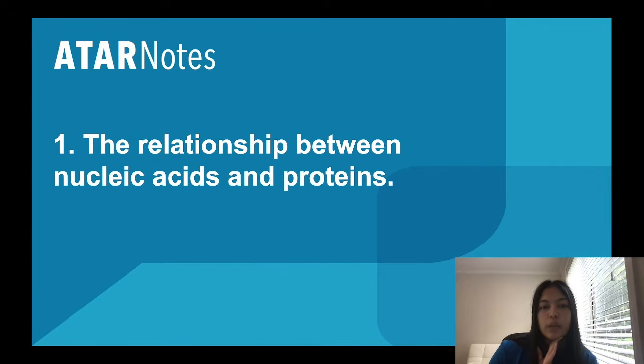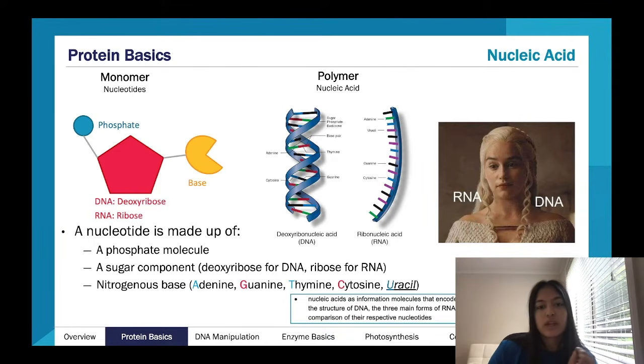So we're looking at Area of Study 1, which is very much DNA stuff. We're thinking of really little, minute details of DNA. Most of you would be familiar with this, I'm assuming, but this idea of what DNA is, what nucleic acids are. So we're thinking of DNA and RNA.